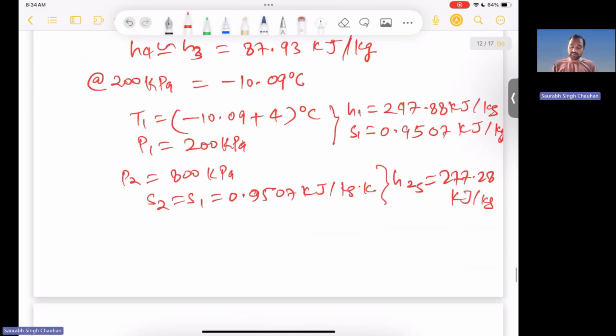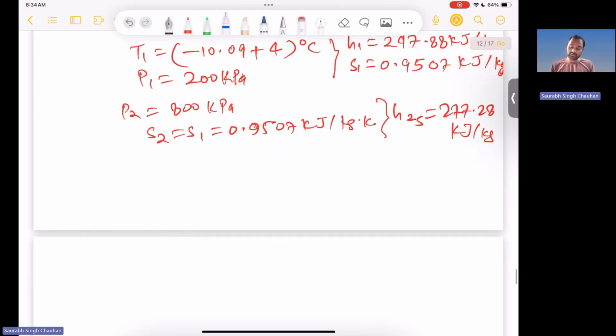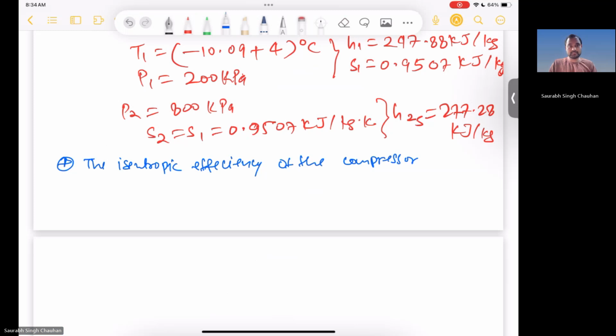Okay, so now you have all these values. Now you can calculate whatever is asked. Okay, so what are we asked? We are asked to find the isentropic efficiency of the compressor, so that you can find as isentropic compressor work divided by actual compressor work, right?